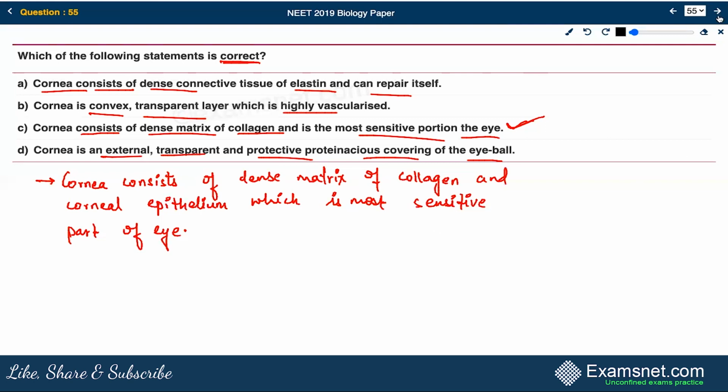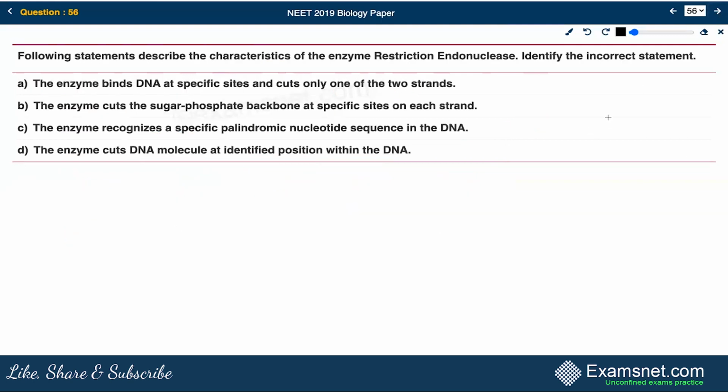Clear? Now, the next question is question number 56. This says that you have to describe the characteristics of the enzyme restriction endonuclease and identify the incorrect statement.